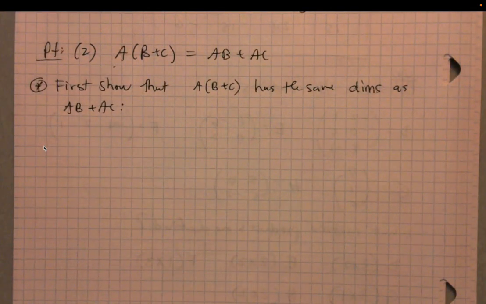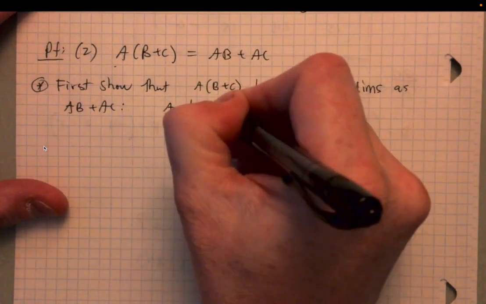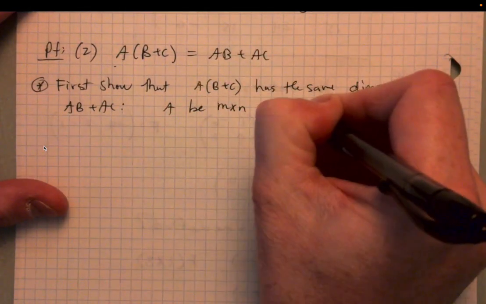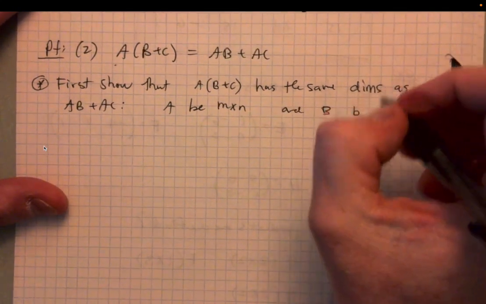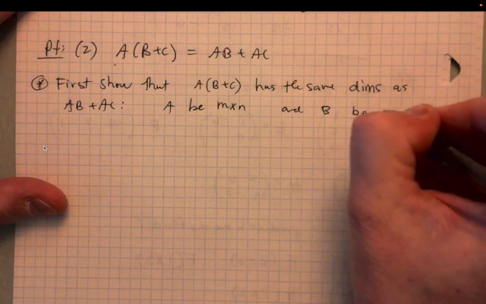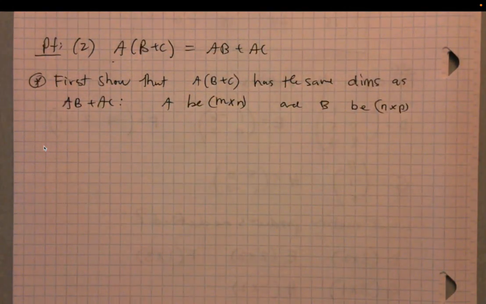All right, we can just reason through this. It's fairly easy. We'll let A be m by n and B be n by p. So the multiplication is going to work if those are the dimensions.